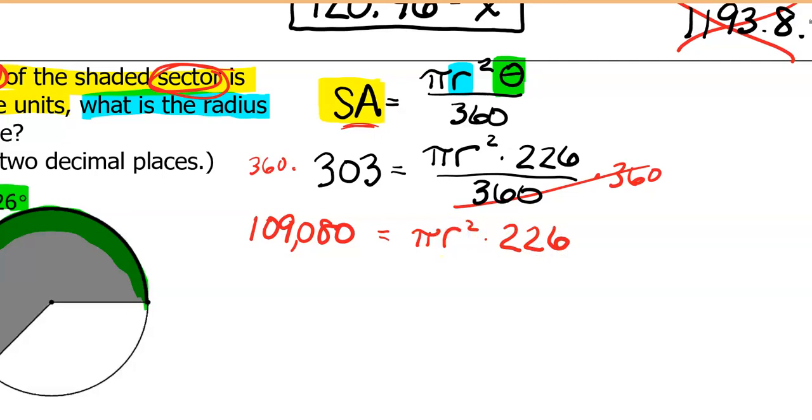So in order to do that, I need to get rid of the 226 that's being multiplied. I need to get rid of the pi that's being multiplied. And again, I can do that in two steps or one. If I want to do it in one step, I definitely need parentheses, but it's also just kind of safer to go with two steps. So I'll deal with that whole number first, kind of leave the pi alone.